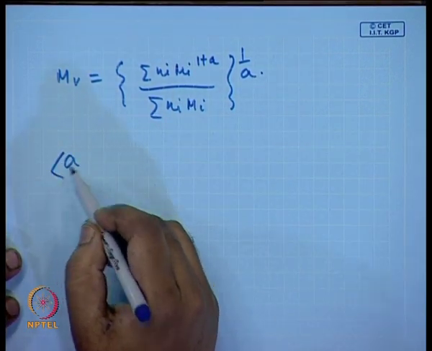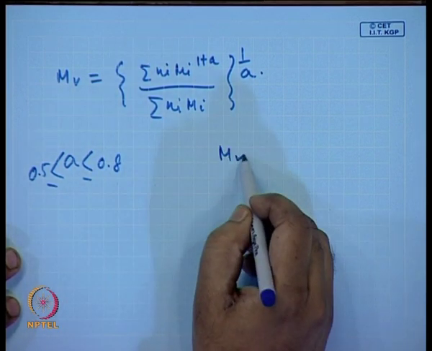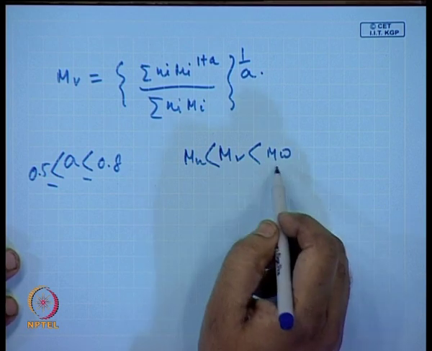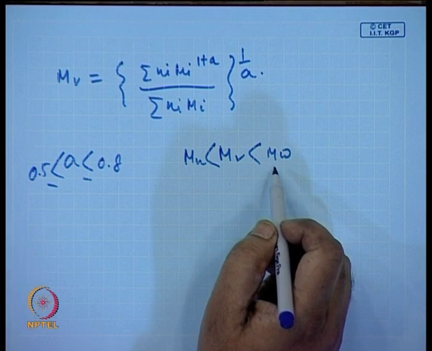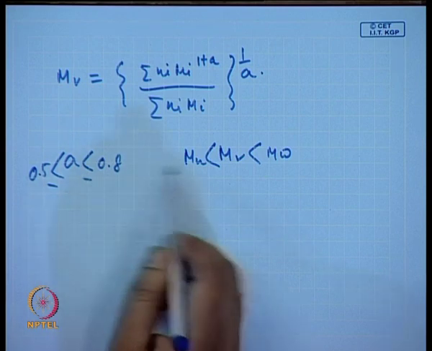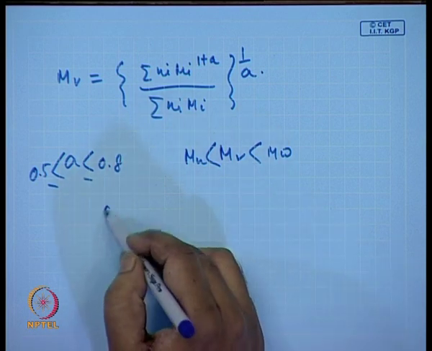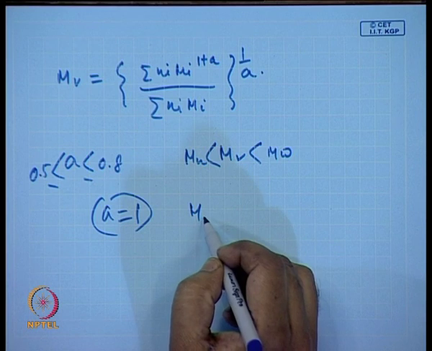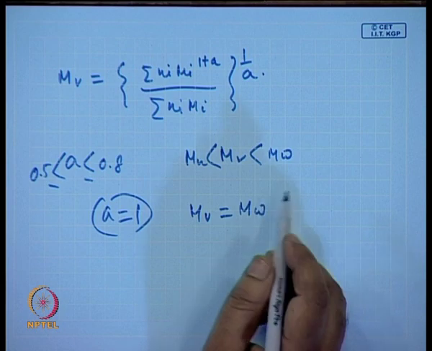As a is between 0.5 and 0.8, M_v will lie between M_n and M_w, and it will be much closer towards M_w if a is higher. If the coil expands, the more the expansion, the closer to M_w, and for highly stiff rods where a is 1, M_v becomes equal to M_w.